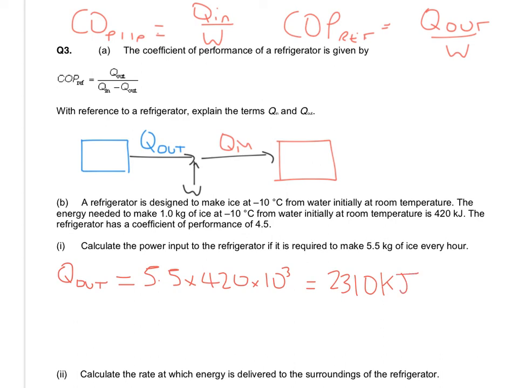Now, remember your coefficient of performance is your Q out, and you're going to divide that by the amount of work you've put in.